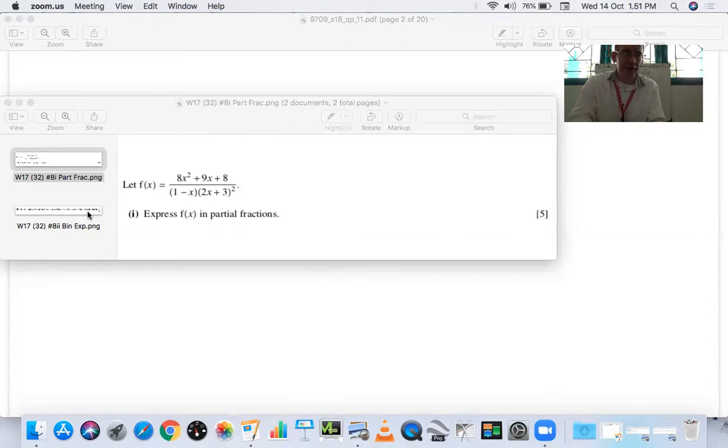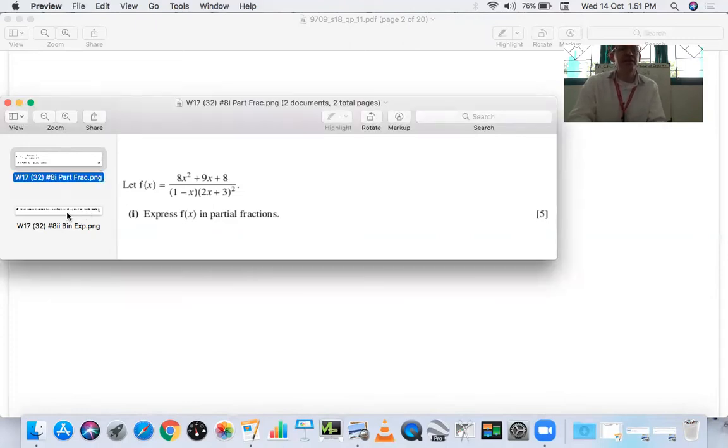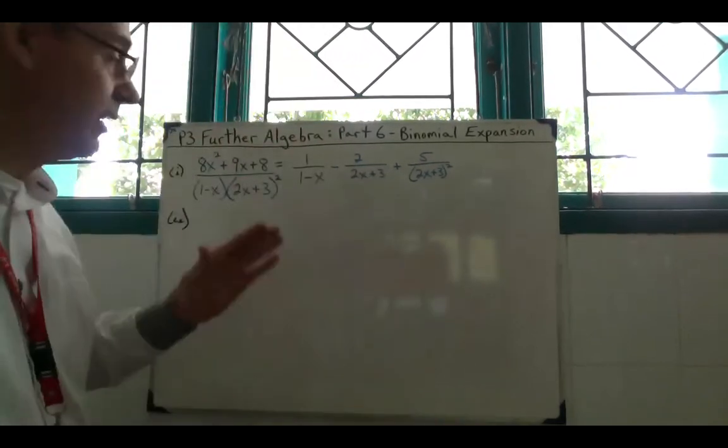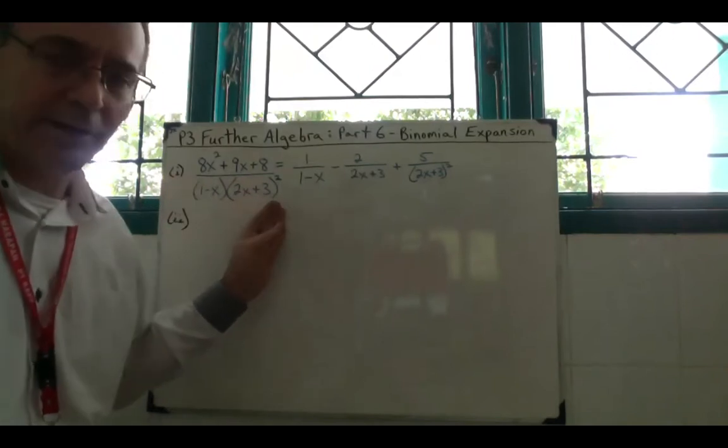We're going to move on then to the follow-up question, which then says to hence obtain the expansion of f of x in ascending powers of x up to and including the term in x squared. Notice that this is 5 points, so you have about 7 minutes to do this. So let's go back to the board, and I've written the original here from part 1.